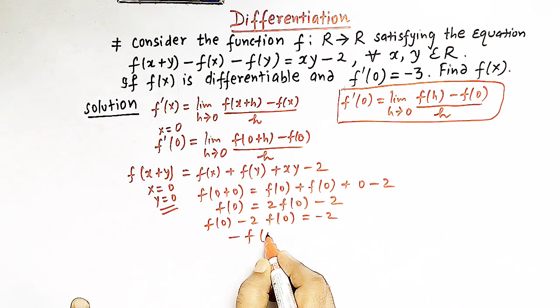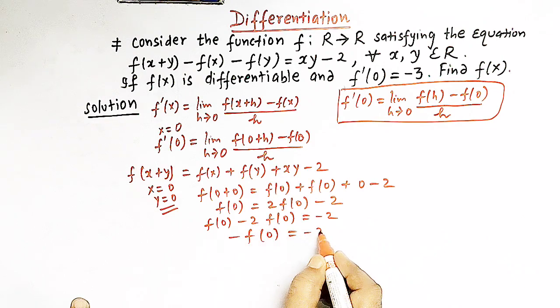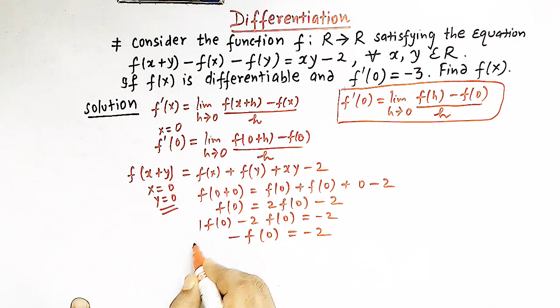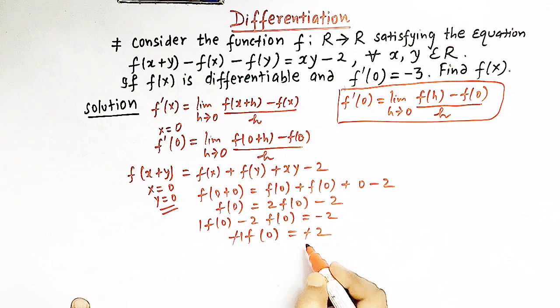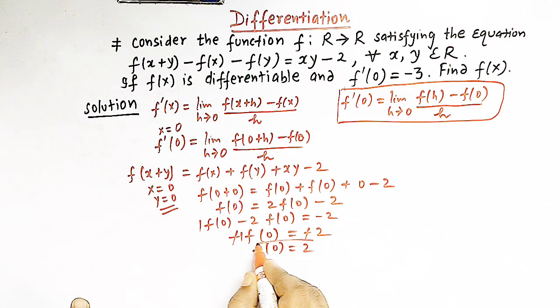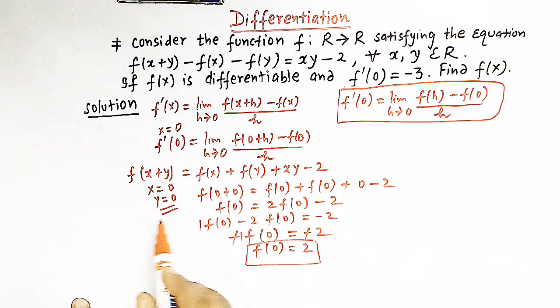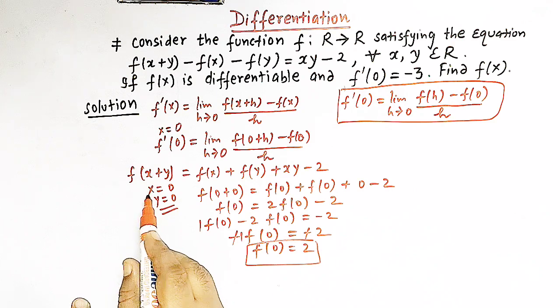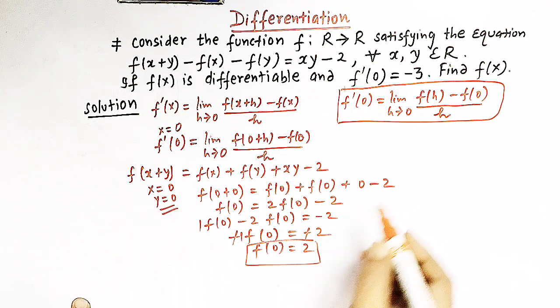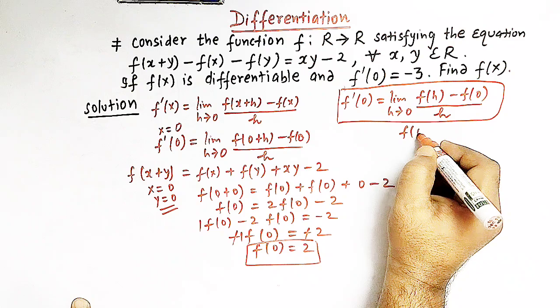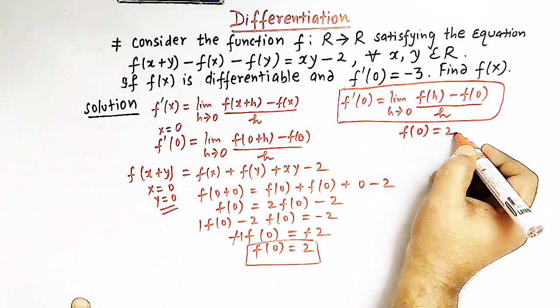So we have -f(0) = -2, because 1 minus 2 is -1. The minus signs cancel, so we have f(0) = 2. This is the first important deduction which can be made by making the substitution x = 0 and y = 0. So f(0) = 2.